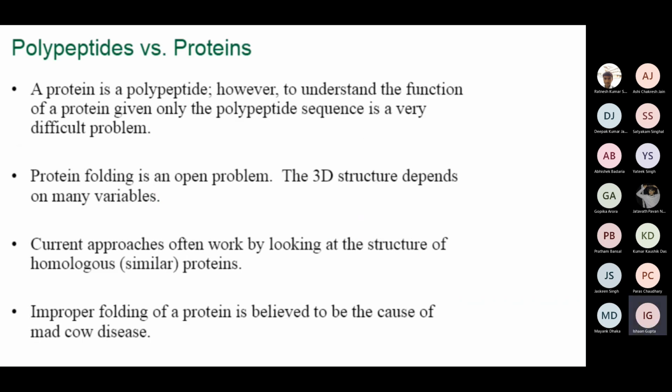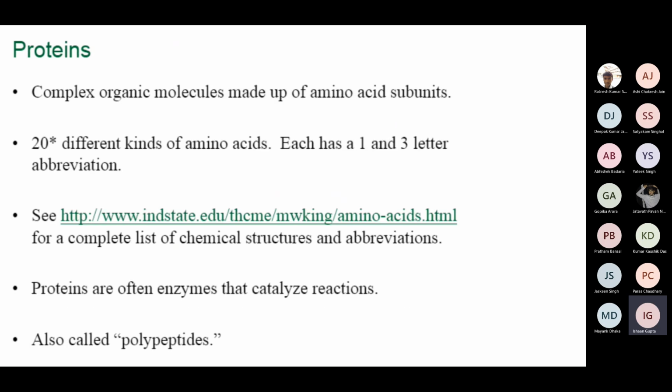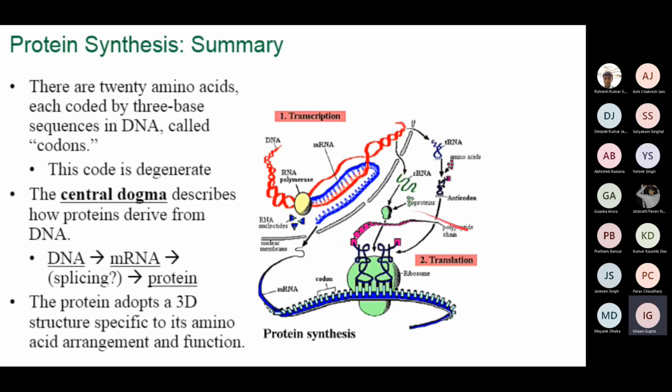So this is sort of an open problem. Until 2 years ago, if I was teaching this course, you would typically say that you cannot predict the structure of a protein just by looking at the amino acid sequence. If you are given a gene sequence and you know exactly where transcription and translation happen, you can look at the 3 base pairs.